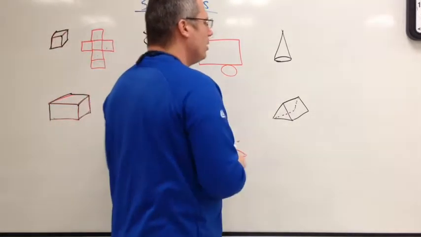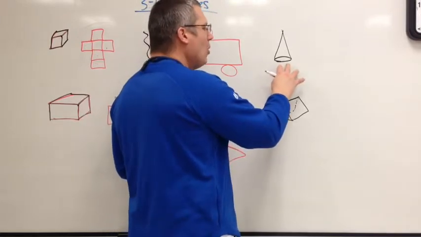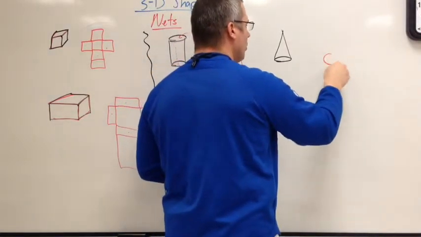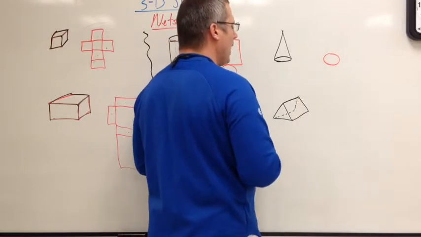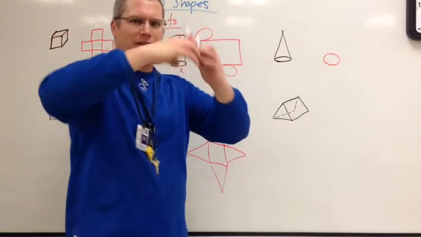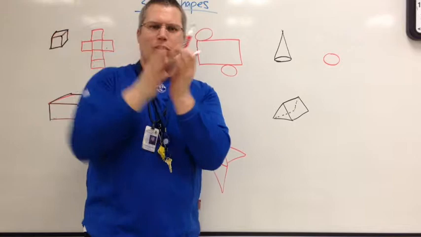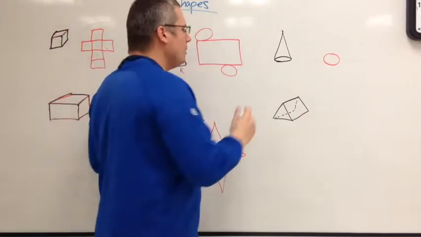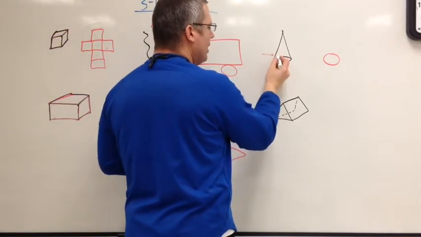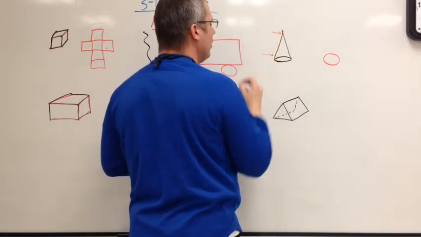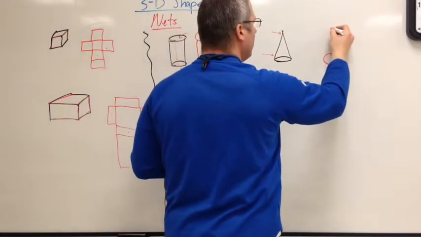A cone. If I flattened a cone out, I have a circle, and then I have this piece. It's kind of like a cylinder that if I cut down the middle, it would open up. But take a look. This end is wider than this end. This end comes to a point.